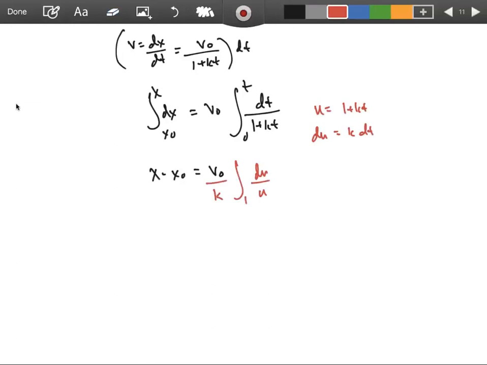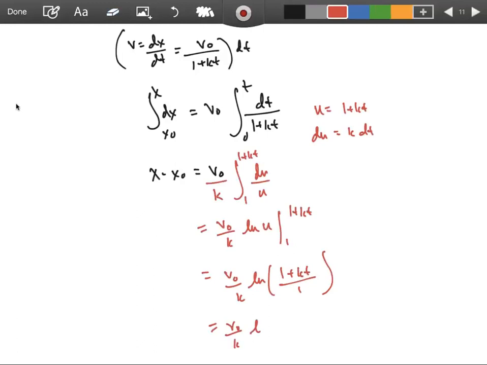And when t is equal to t, that goes to 1 plus k times t. So this becomes v0 over k times the natural log of u evaluated from 1 to 1 plus kt. Finally, I get v0 over k times the natural log of 1 plus kt divided by 1, which is the same thing as simply v0 over k times the natural log of 1 plus kt.